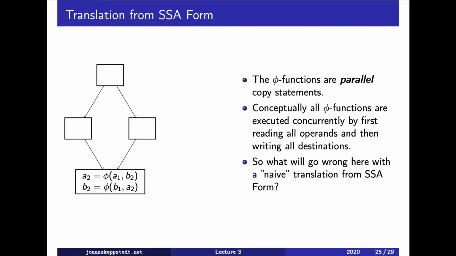When we create these copy statements in the predecessors, we have to make a little check. Otherwise, we can get the wrong output. So if we do A2 set to A1 and B2 set to B1, that's fine. But the right operands will create problems.